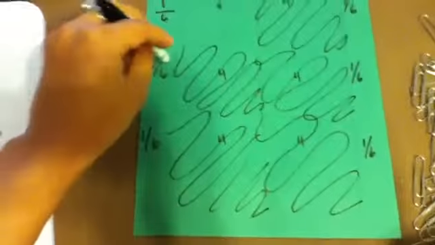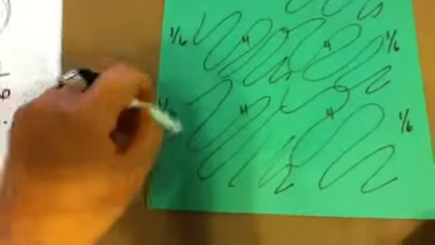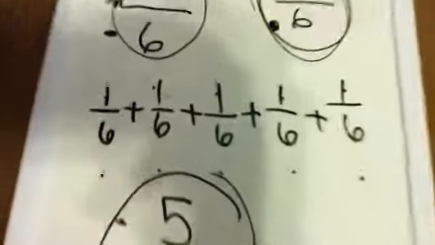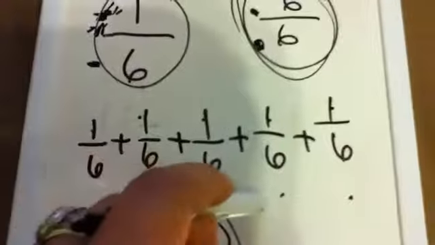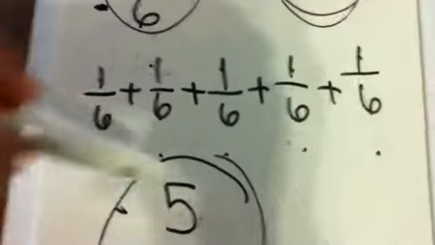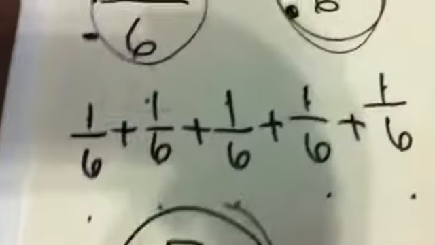Okay, so if 1/6 goes to each of the 5 friends, then like we did earlier, we can take 1/6 for each friend, which is 5, write it out, 1, 2, 3, 4, 5, 1/6, and then we can add, just like we did a while ago.